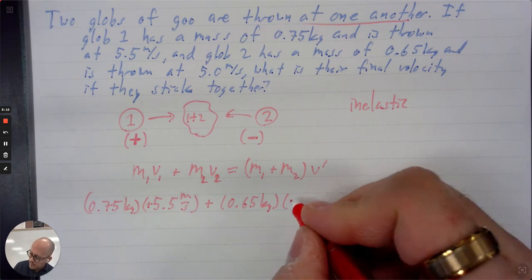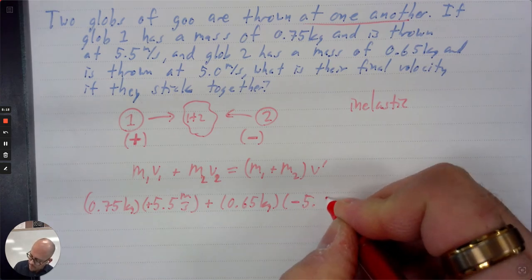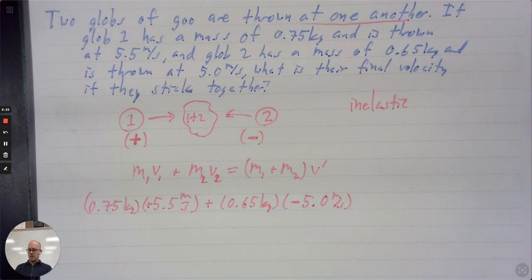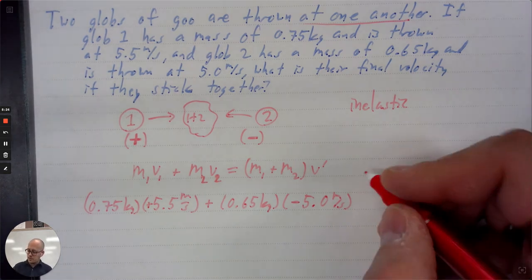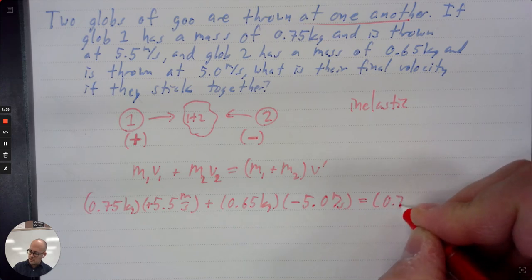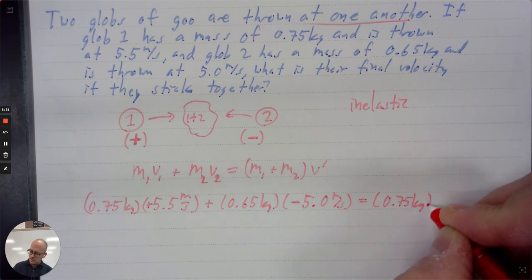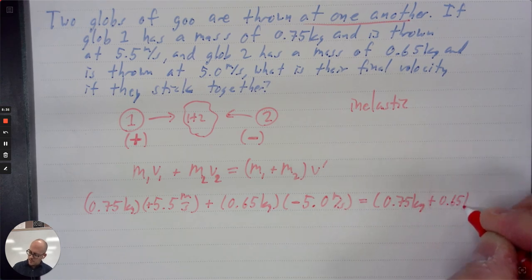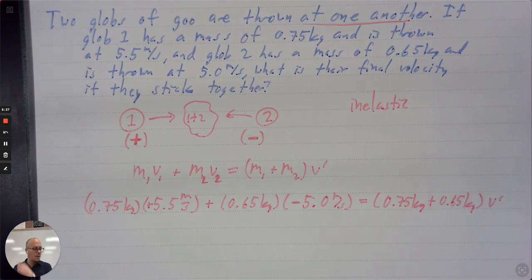So it is moving negative 5 meters per second. So it's moving in the opposite direction. What is their final velocity if they stick together? So they will have a combined mass, 0.75 kilograms plus 0.65 kilograms, and a common final velocity.